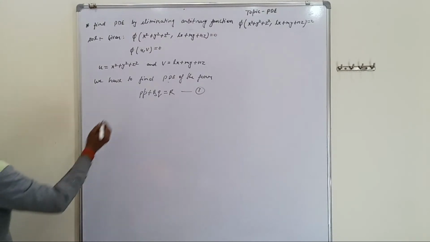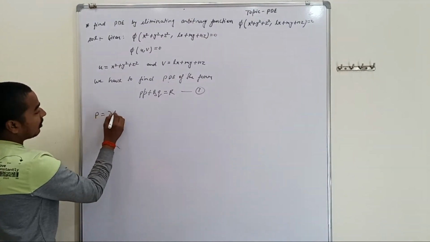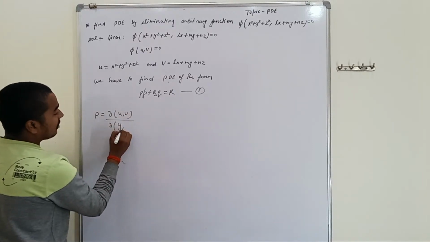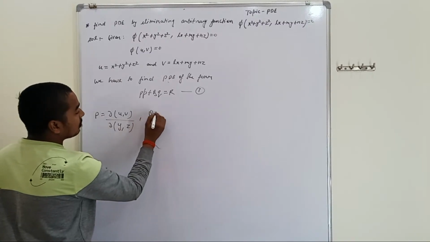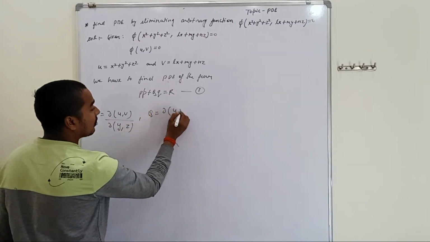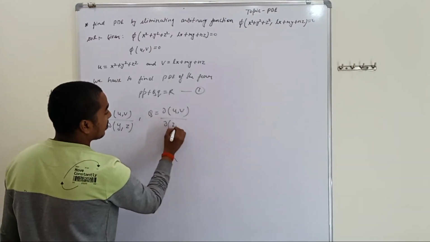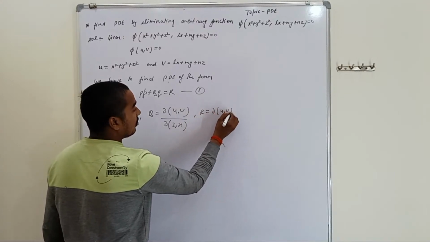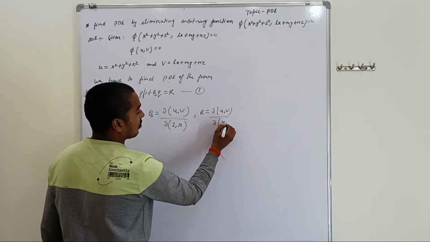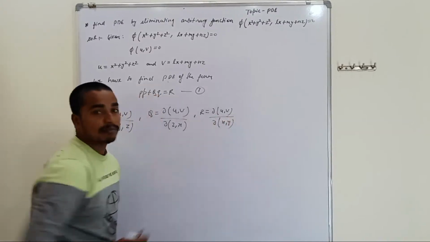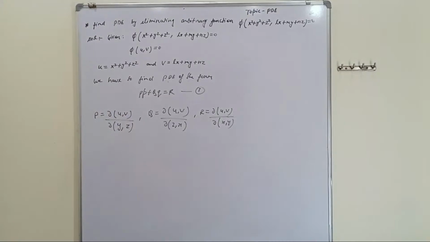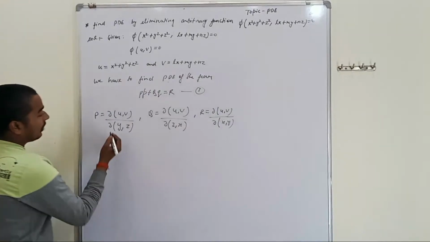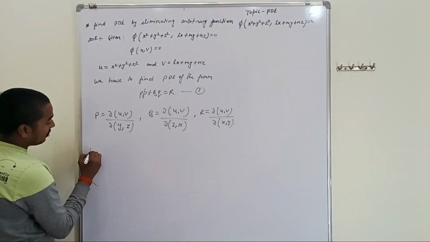We have to find p, that is del of u comma v upon del of y comma z, and q is equal to del of u comma v upon del of z comma x, and r is equal to del of u comma v upon del of x comma y. We have to know the following formula.